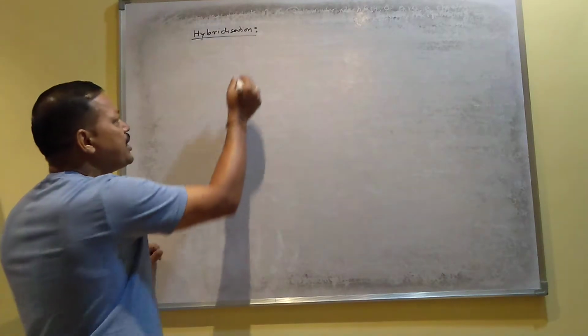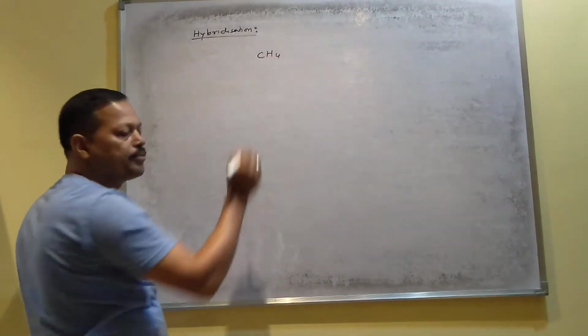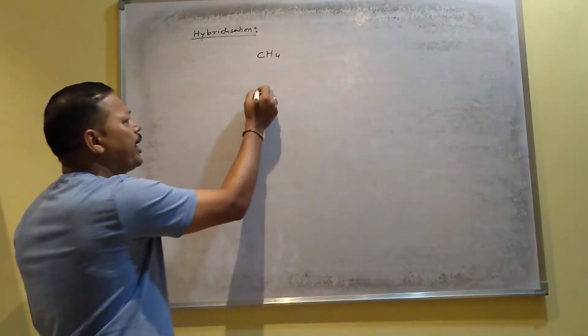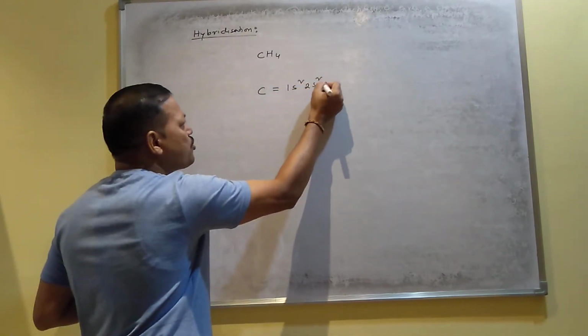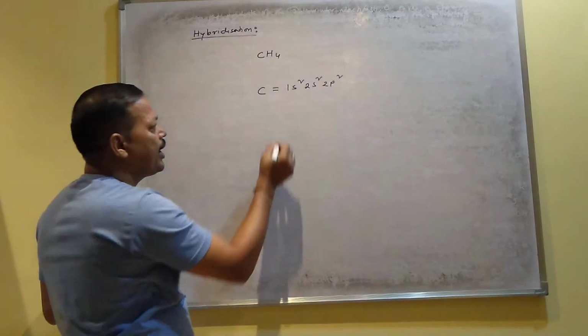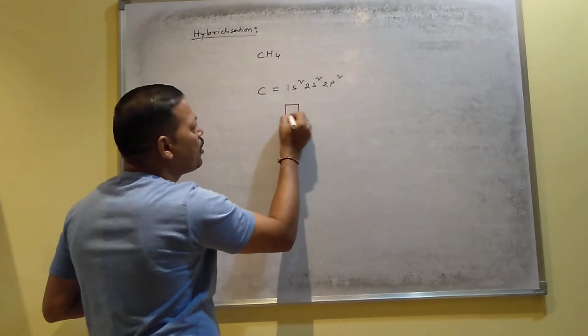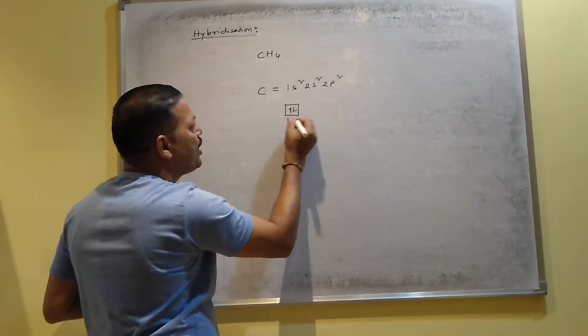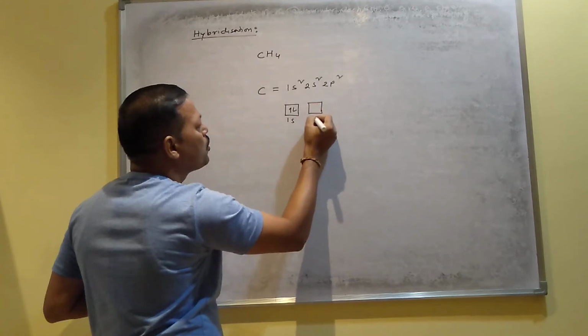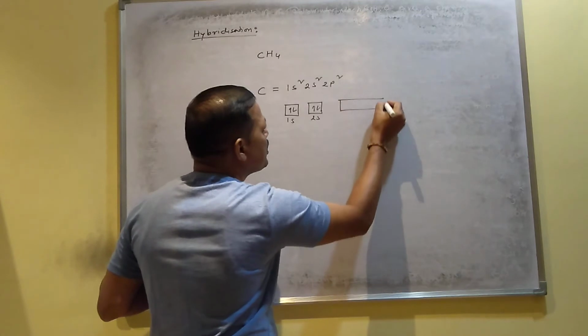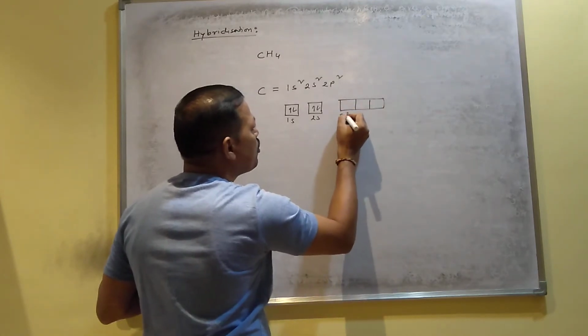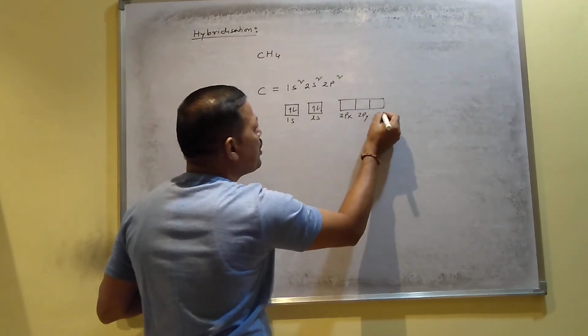You know the methane formula is CH4, and the atomic number of carbon is 6, so its electronic configuration is 1s2, 2s2, 2p2. 1s2 is filled up, 2s2 is filled up, and in 2p2, since there are 3 p orbitals, one is called 2px, one is called 2py, one is called 2pz.